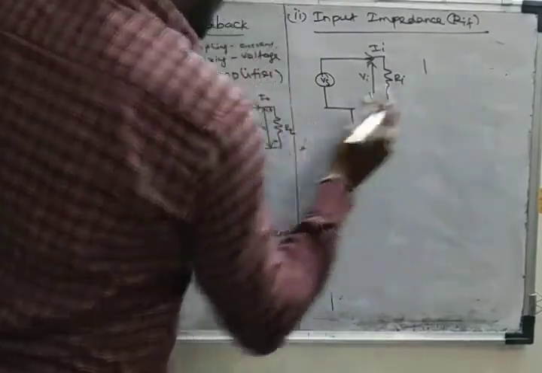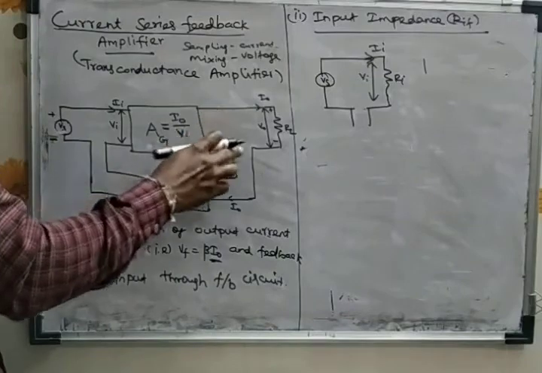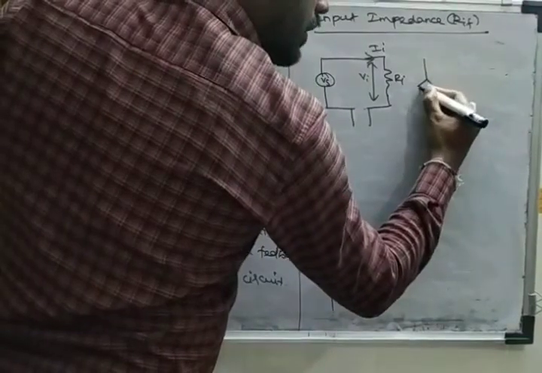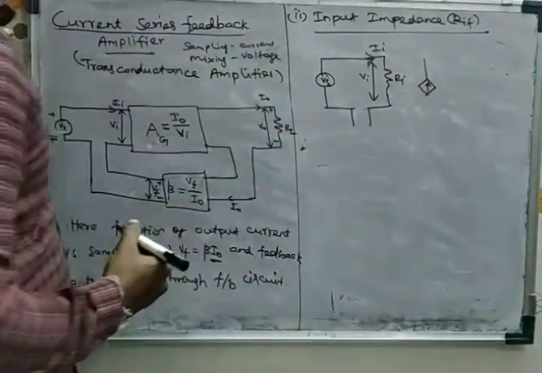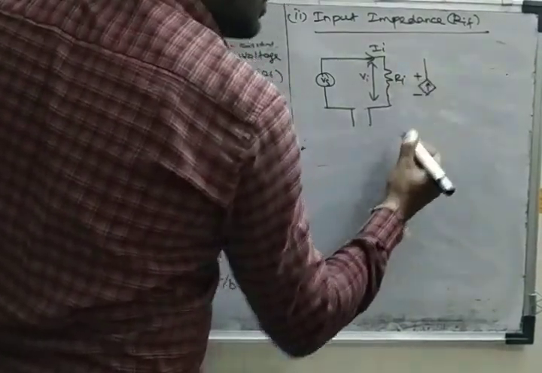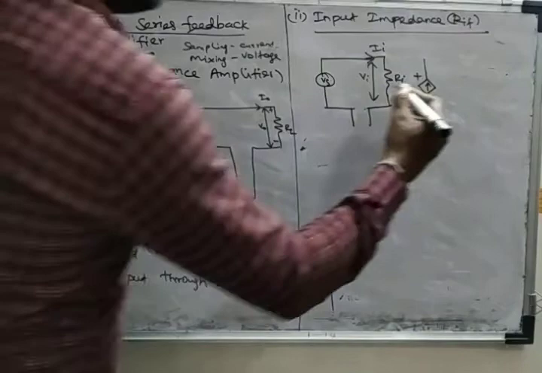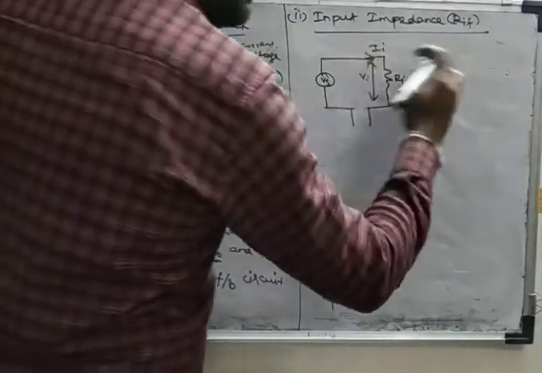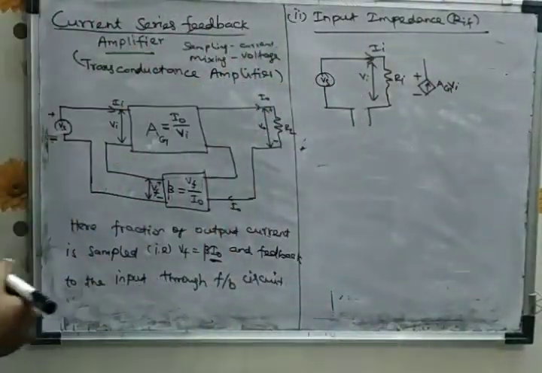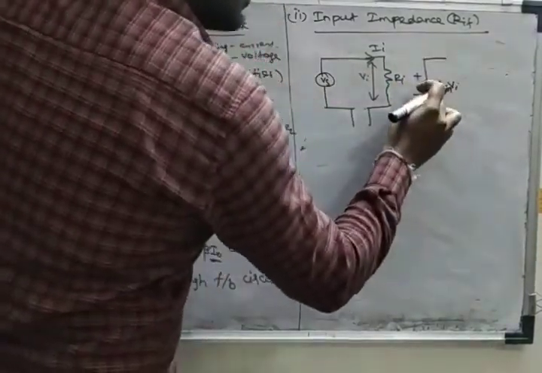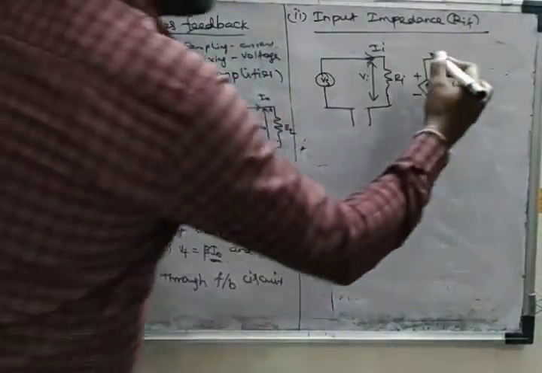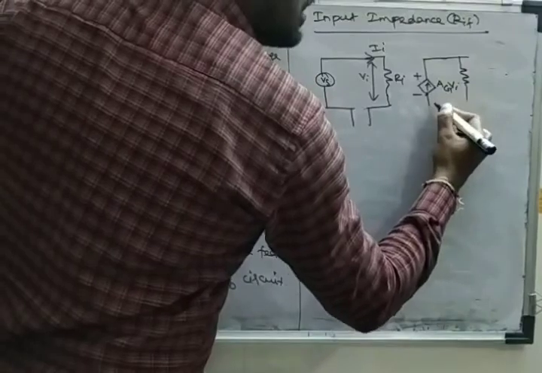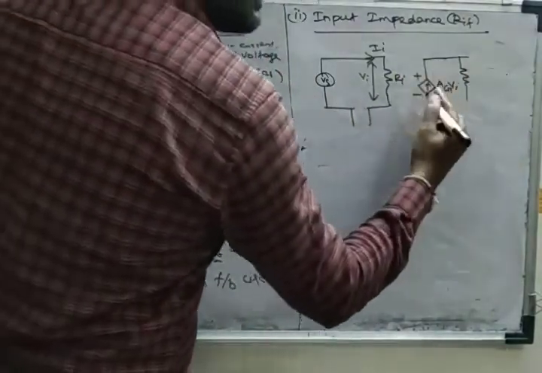Here you have current sampling. Current sampling means definitely you have a dependent current source here whose magnitude is Ag into Vi, since we have voltage mixing, so Ag into Va. For the current source, the Norton resistance you should draw in parallel. So Ro is in parallel with Ag into Va.